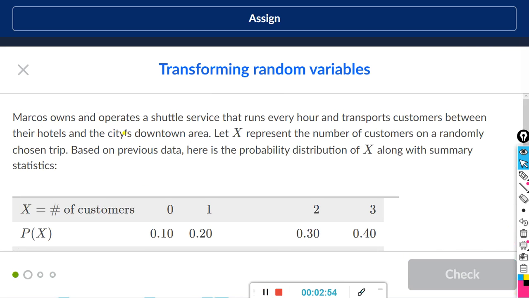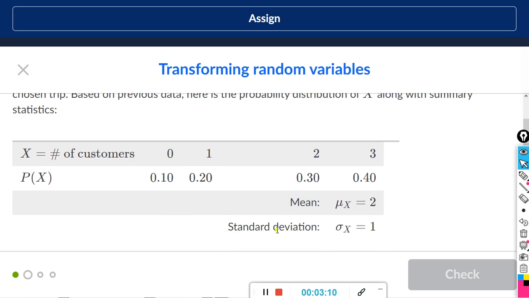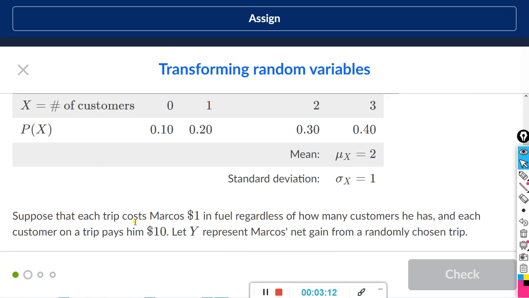All right, Marcos owns and operates a shuttle service that runs every hour and transports customers. Let X represent the number of customers on a randomly chosen trip. Based on previous data, here is the probability distribution of X. X is the number of customers. Suppose that each trip costs Marcos $1 in fuel, regardless of how many customers, and each customer on a trip pays him $10.